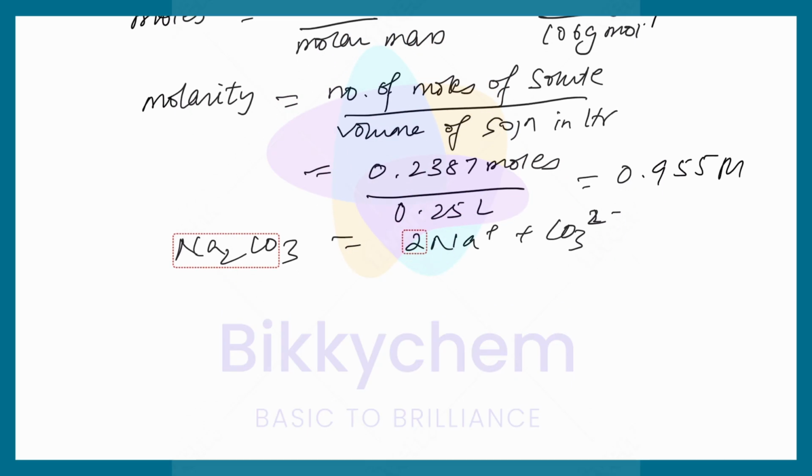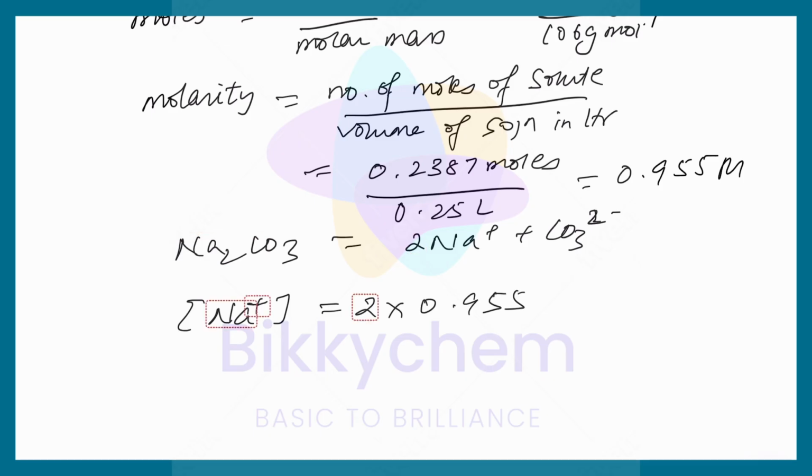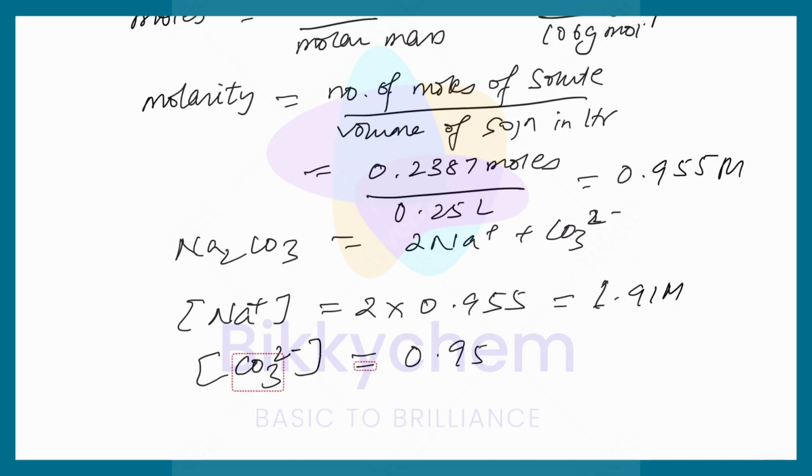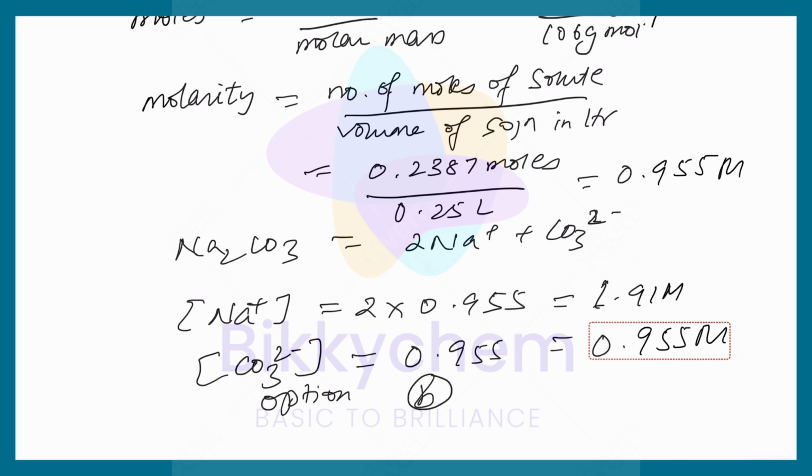Then concentration of Na plus will be 2 into 0.955, which is equals to 1.91 M, and the concentration of carbonate is 0.955, which equals to 0.955 M. So the option will be B.